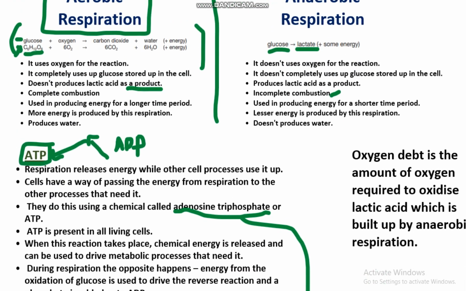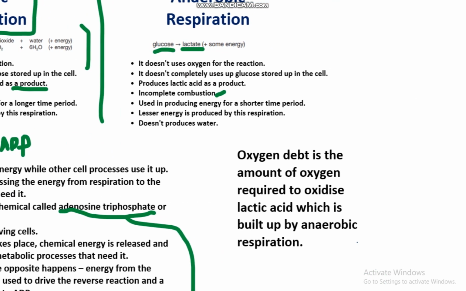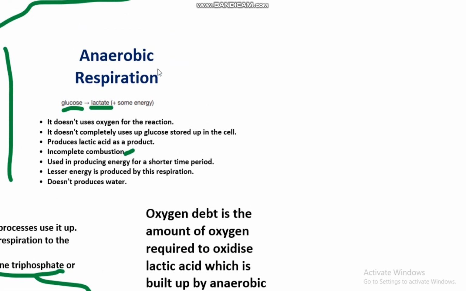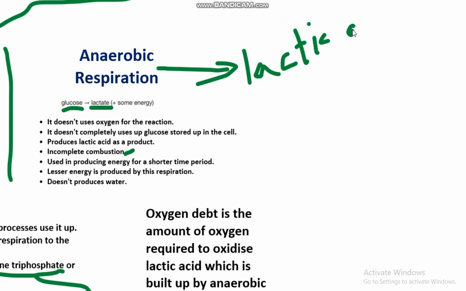Then we have to cover one small topic, which is oxygen debt. Oxygen debt is the amount of oxygen required to oxidize lactic acid, which is built up by anaerobic respiration. When this type of anaerobic respiration takes place, lactic acid is produced, and when lactic acid is produced, it is built up.